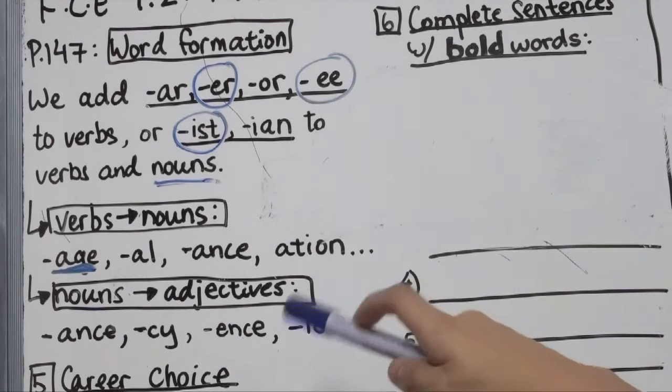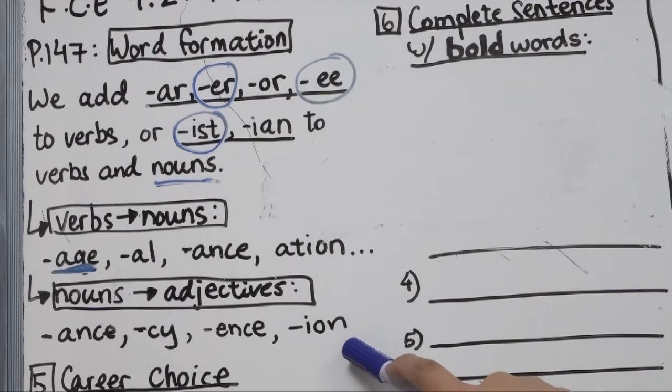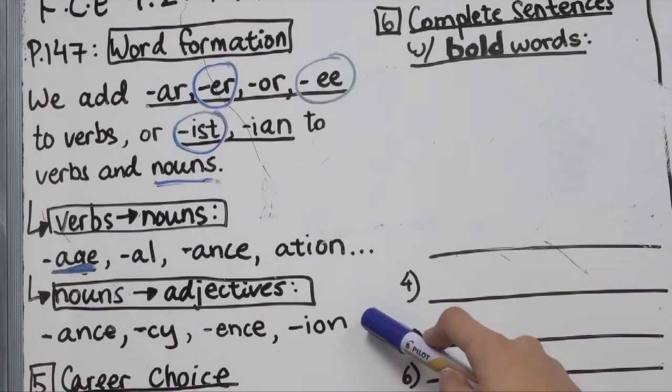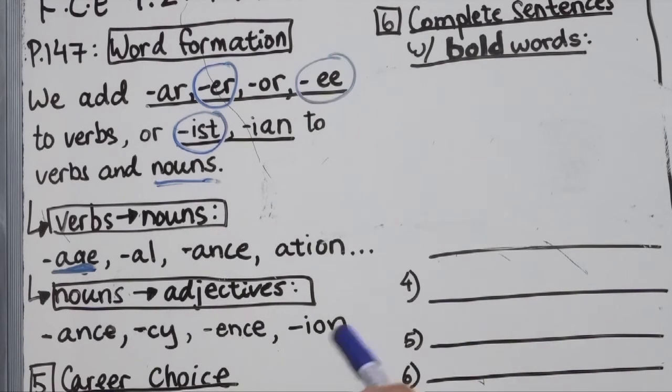And then we have I-O-N. Desperate, again with a T, becomes desperation. So if we follow the rule A-T-I-O-N, desperatation, that's wrong. So I always remind you, I-O-N, T-I-O-N, and A-T-I-O-N are different. They're all different. So there are no real rules on which one to add on which word. That's why we have to remember the whole word itself.